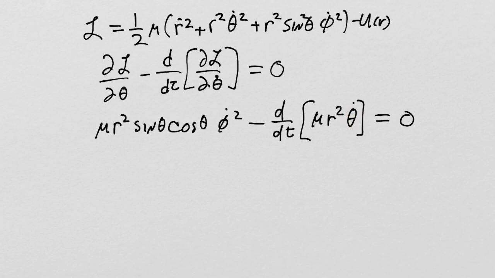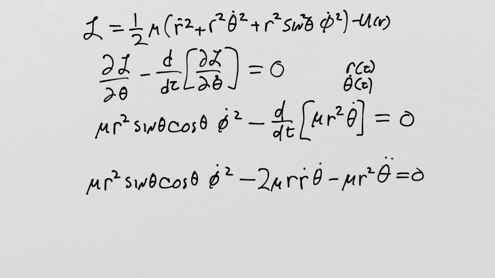So understanding that r is a function of time and theta dot is a function of time, we have to proceed carefully with that derivative, leaving us with this term here. It's minus. Yes, that's right. So this is our theta equation, which we can rewrite very easily.